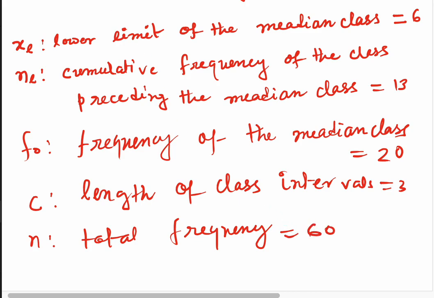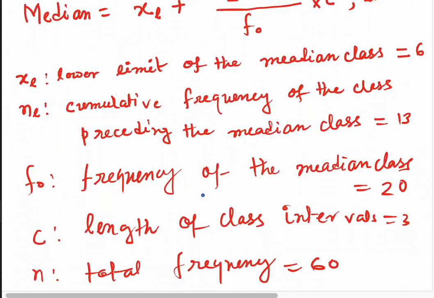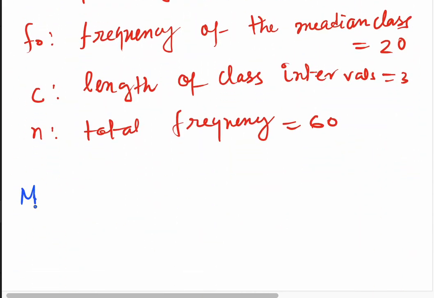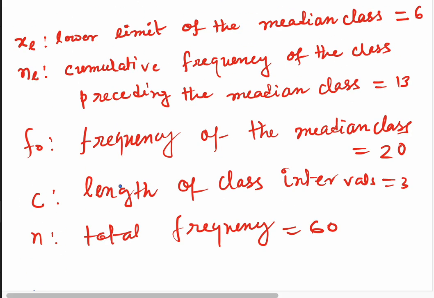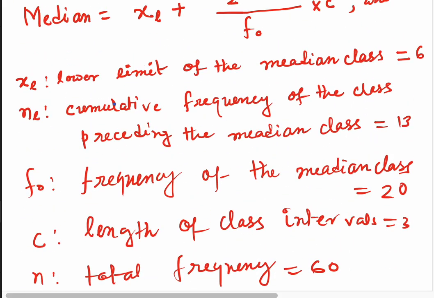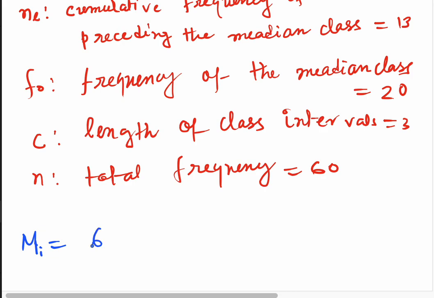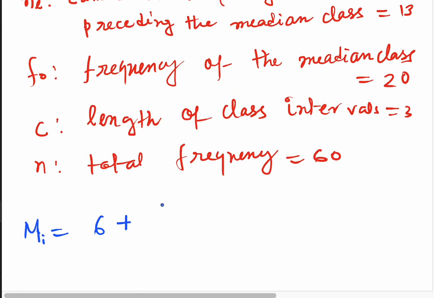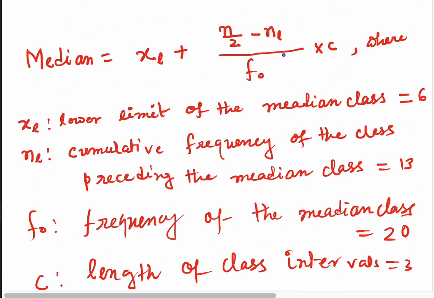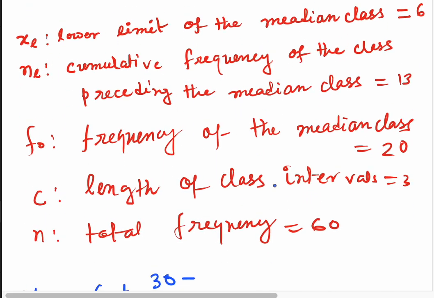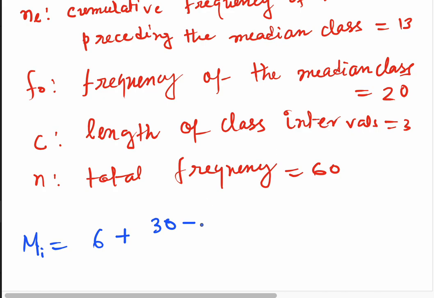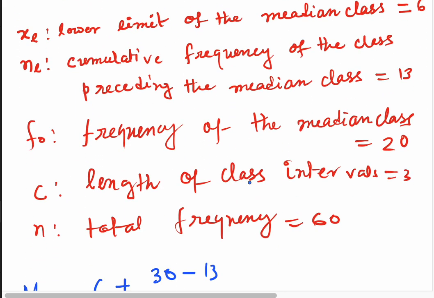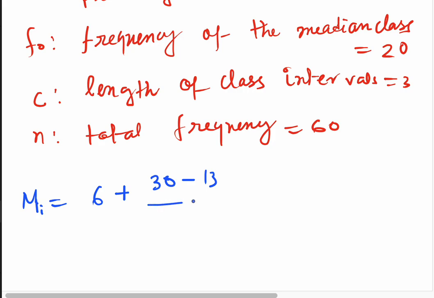Now put all the things together, we'll get the solution. The median is XL, that is 6, plus n by 2, so 60 by 2, 30, minus NL. The value of NL is 13, by F0, which is 20, into C, which is 3.